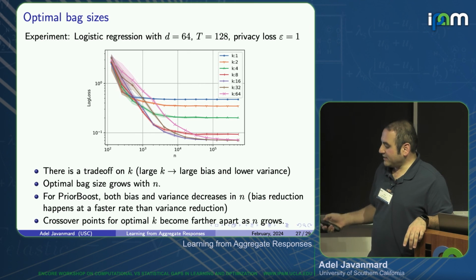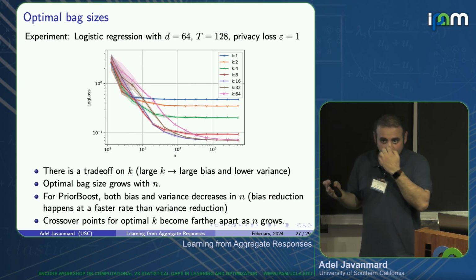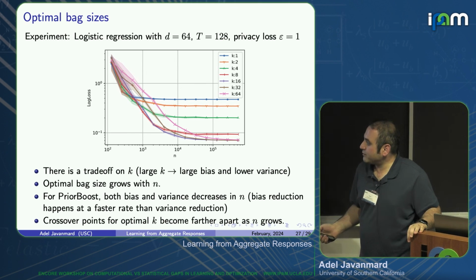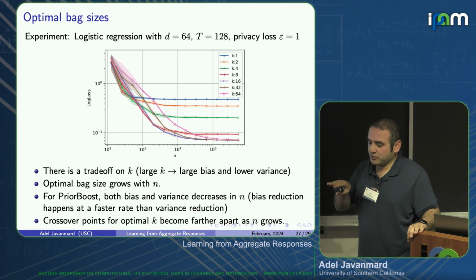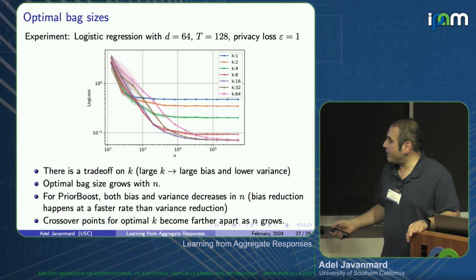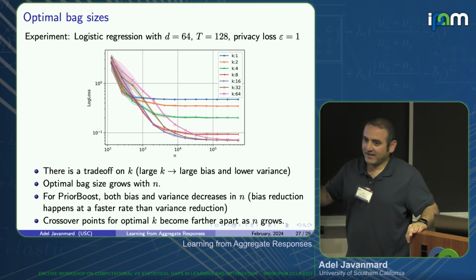So I said that there is a trade-off in the choice of k in terms of the bias-variance. But for prior boost, we said that we are trying to bring down the bias with this clustering, right? So as the number of samples increases, both the bias and the variance are going down. But the bias is going down at a faster rate.